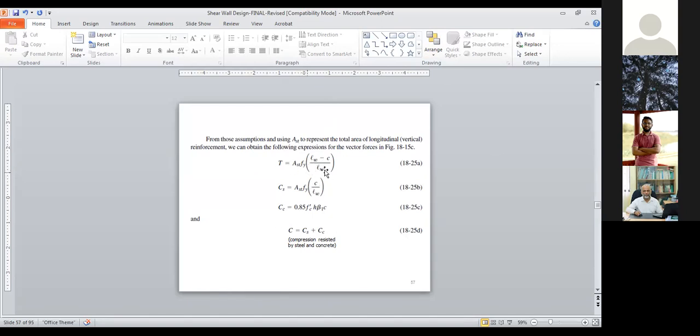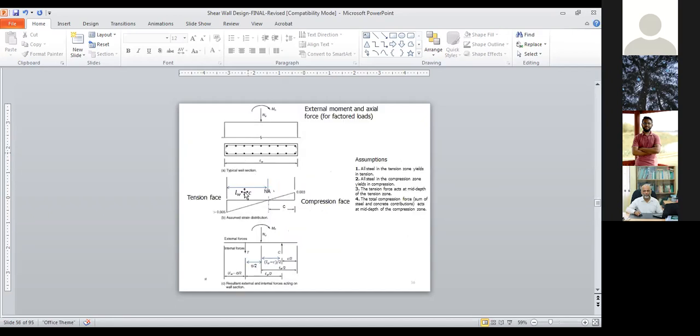Then if I divide it by Lw, I get the amount of force per unit length of the wall. Then if I multiply that by Lw minus c, I get the amount of force coming from the tension zone.